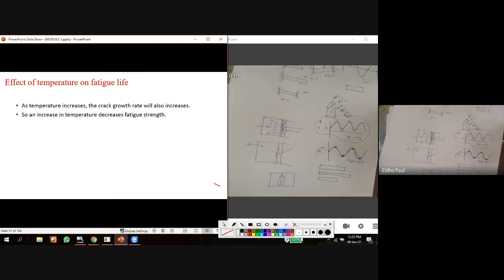So to reduce fatigue failure, we have to use the material at a lower temperature. At a higher temperature, there is more chance for fatigue failure. The crack propagation rate and the temperature are directly proportional. With an increase in temperature, there is more chance of a higher rate of crack propagation. So that is the effect of temperature on fatigue life.